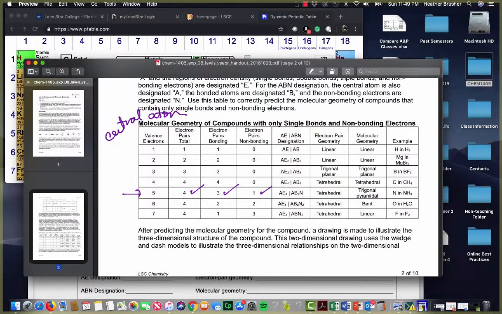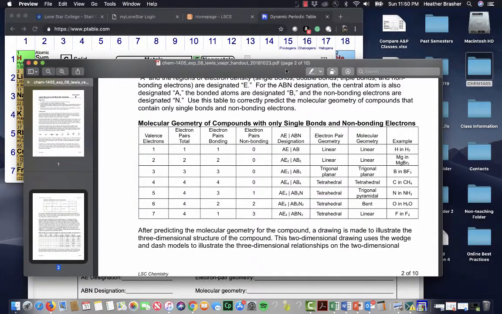There was 1 that had a non-bonding set of electrons, and that made our shapes tetrahedral and trigonal pyramidal. So this is what you can use to test it. And this is the last time that I'll be going over what this is. You can check these on your own later to make sure that you got them right. And so I'm going to pull this into the back now.